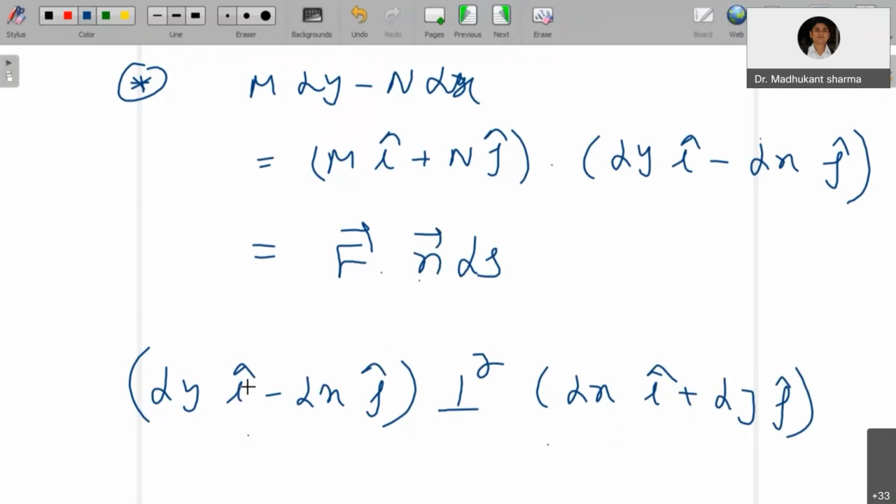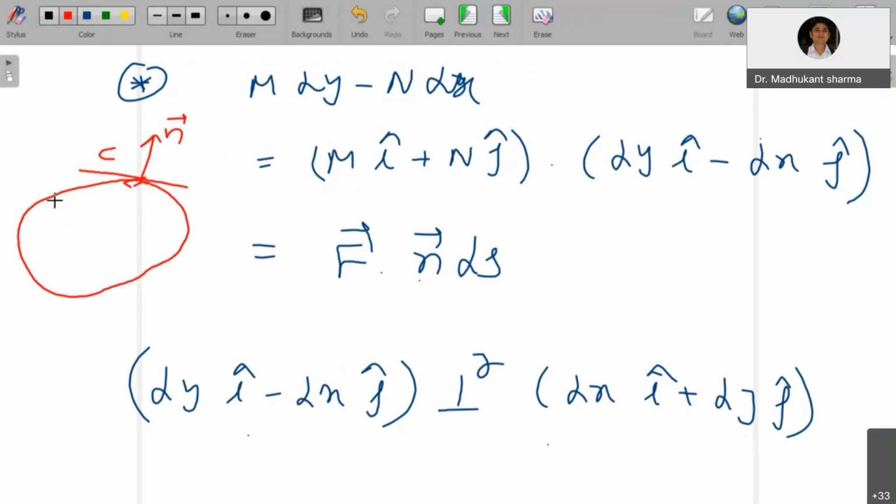Means outward flux. So if you have the curve C, and you have the tangent, and you have the outward normal, this is going to be N at any point.